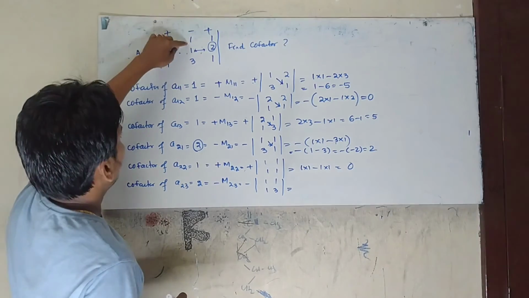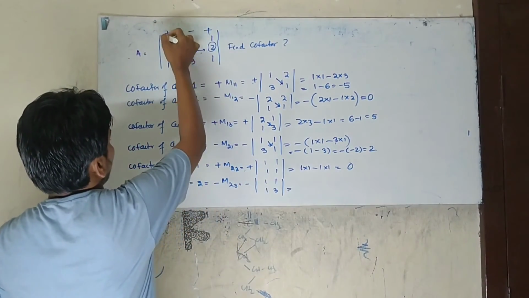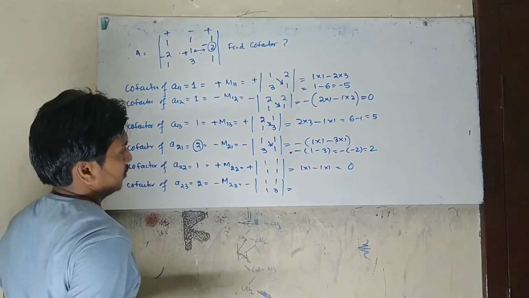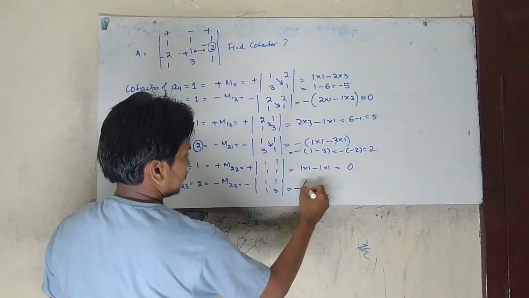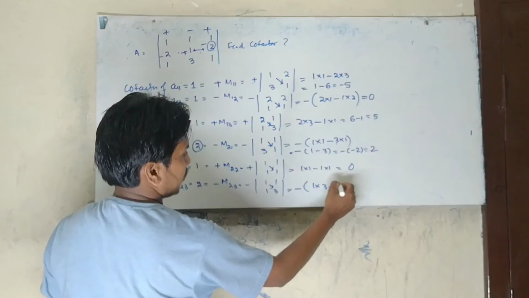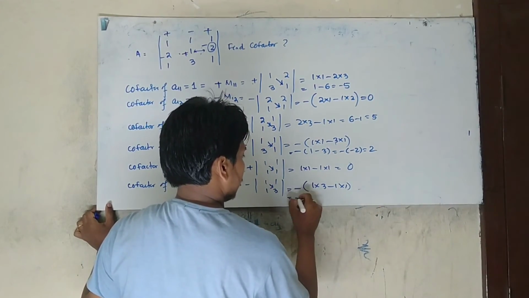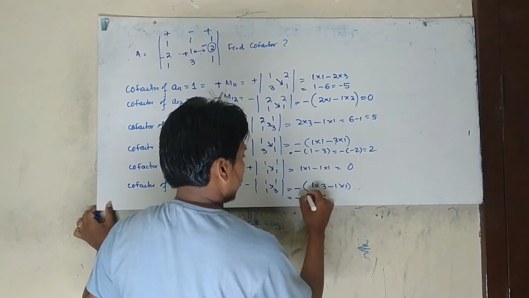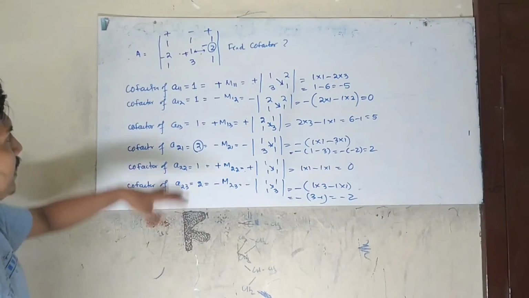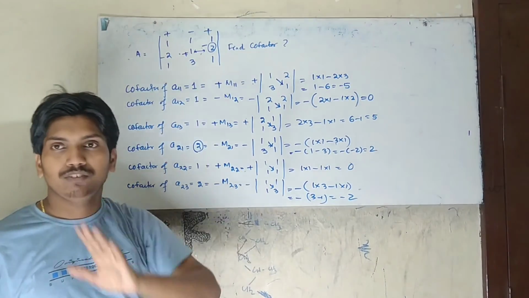That means 1 1 1 3, and the sign is minus, because plus minus plus, minus plus minus, so minus there, and 1 into 3 minus 1 into 1. That you can write, 1 3 1, and this is the assignment for you.